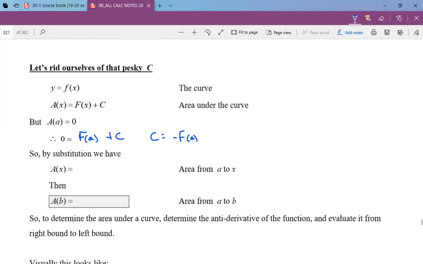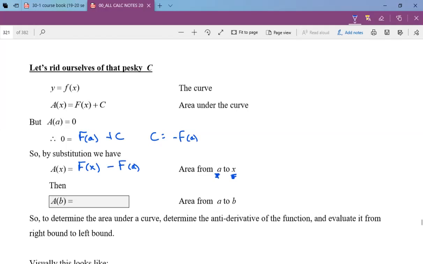So if we substitute that in for C, then A of x ends up being F at x, but instead of plus C, we have minus F at a, which ends up being our area bound on the left by a and on the right by x.